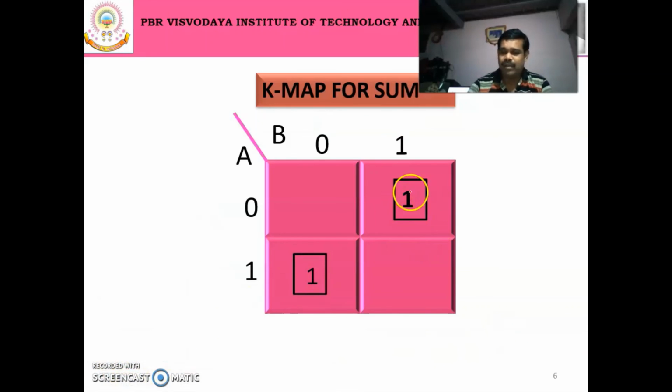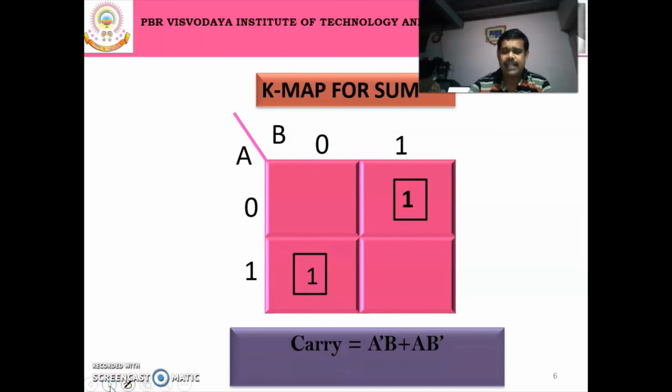So we have grouped like this individually, and the expression is A bar B and A B bar. So we have found out the expression for sum.